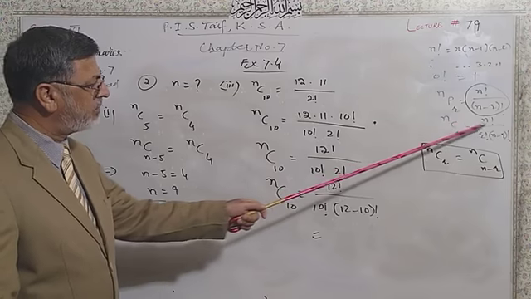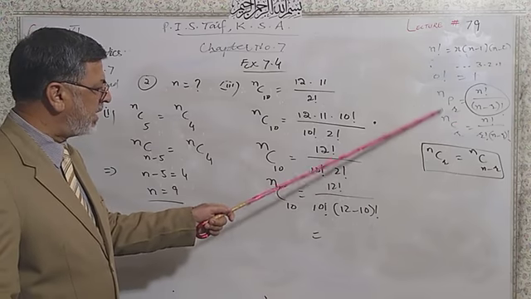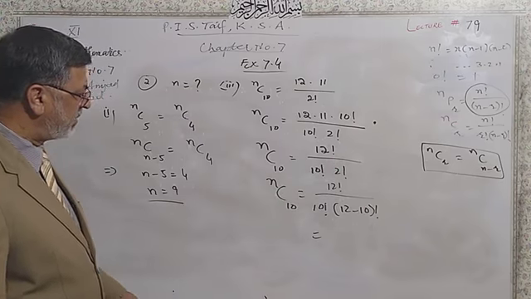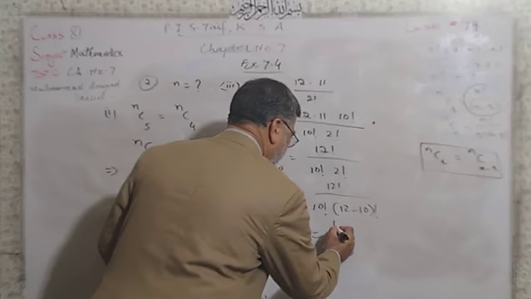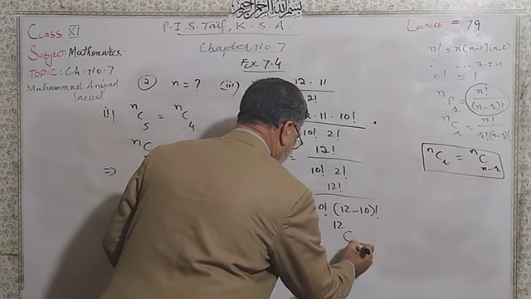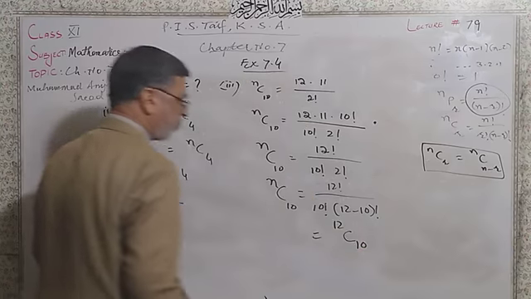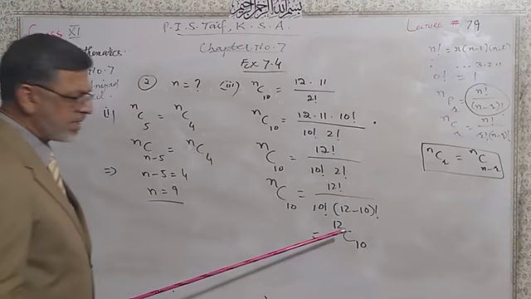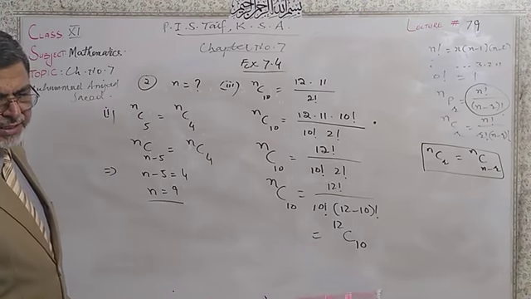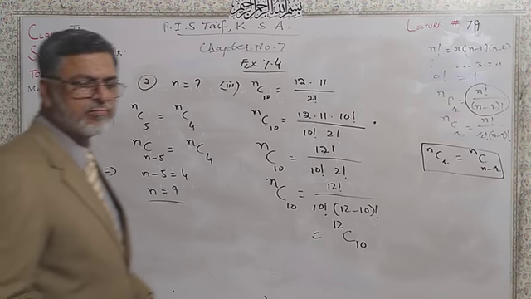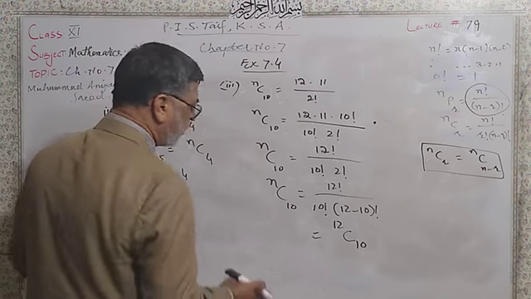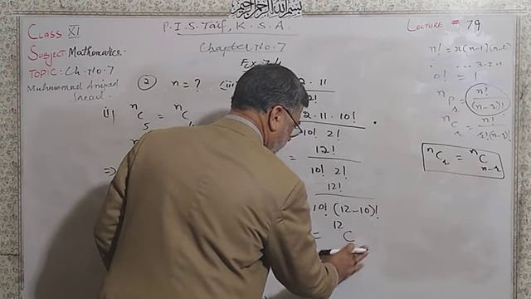So here you will have nCr. What will be? 12C10. You can write down this as 12C10 or rather 12C2. Yes, 12C2.